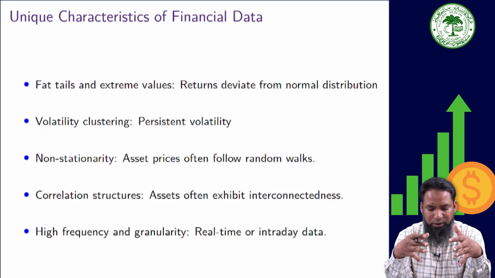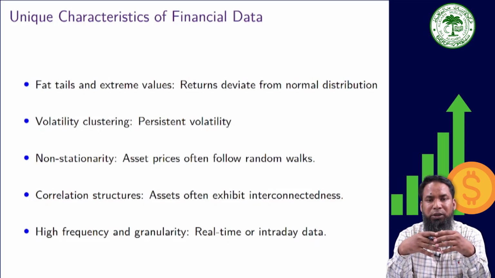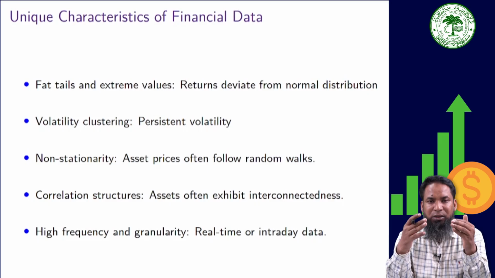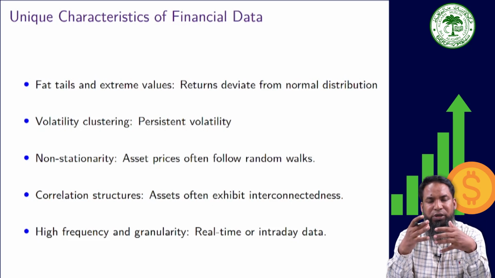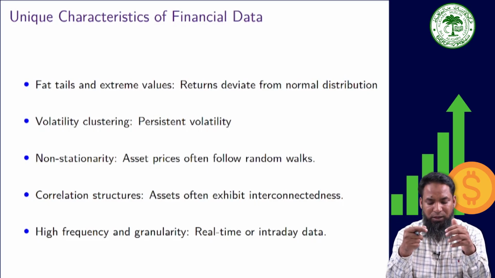Now if we recall, in econometrics or in general in modeling, we do assume that the distribution of the data is the normal distribution, where we often assume mean and variance are both constant.